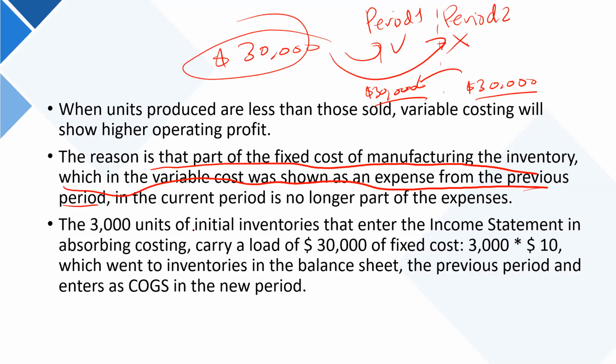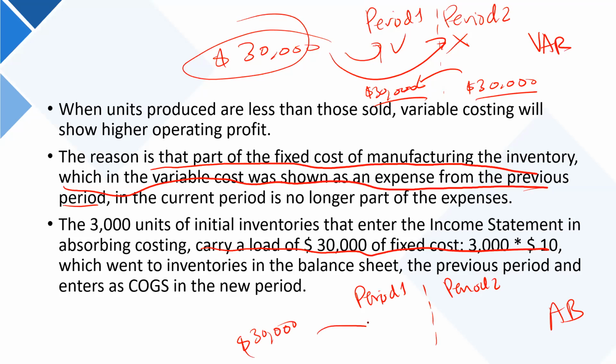The 3,000 units of initial inventories that enter the income statement in absorbing costing carry a load of 30,000 of fixed costs. That is, this one here is variable, all right? On absorbing cost, in period 2, we didn't register the 30,000 in this period.